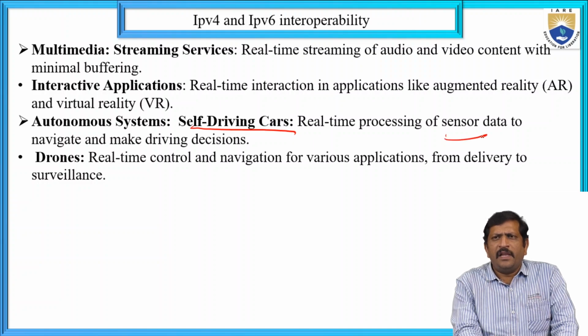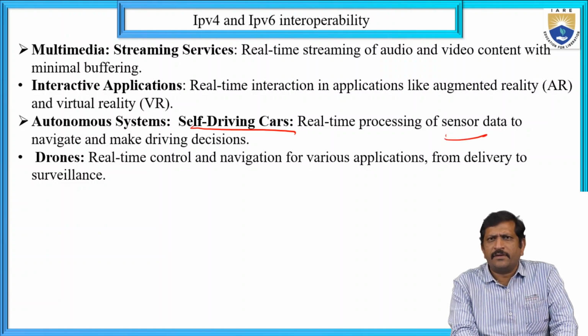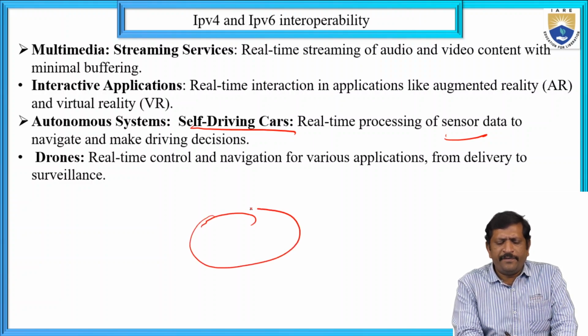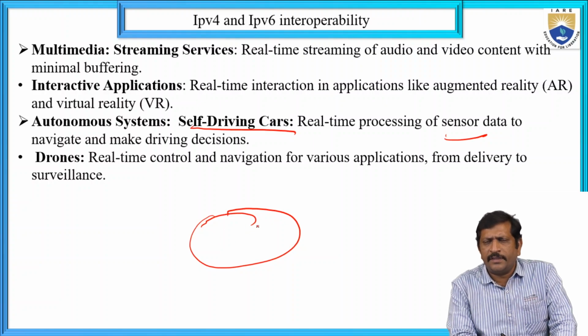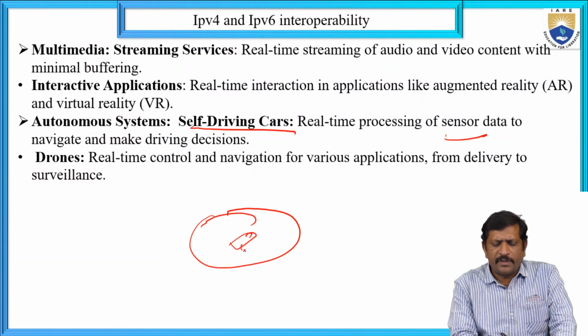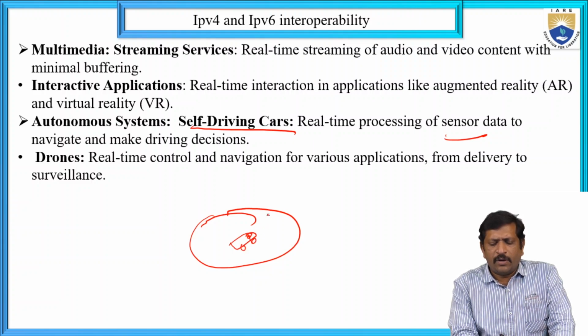With the help of these sensors, the self-driving car identifies the things surrounding the vehicle, which can be identified with the help of these sensor devices or the sensing data.